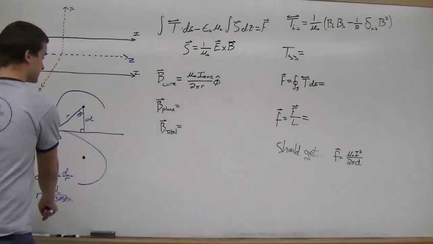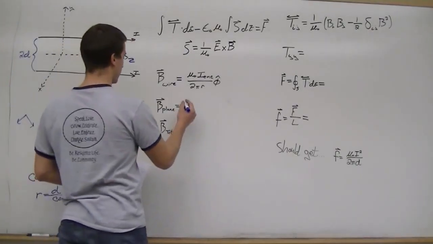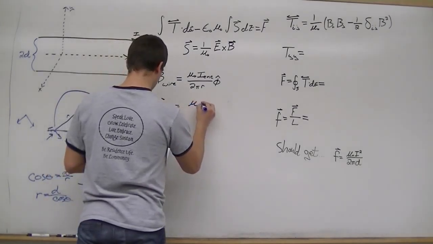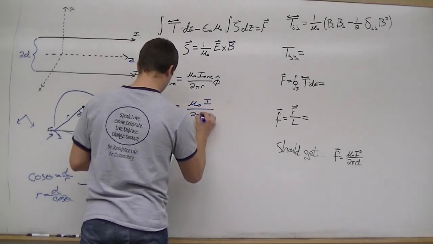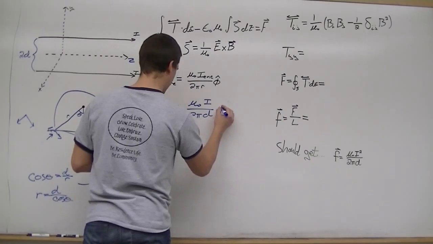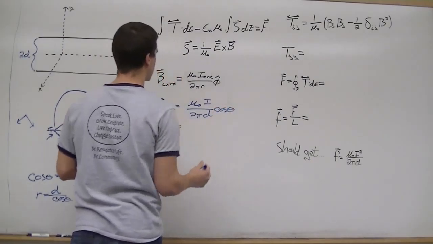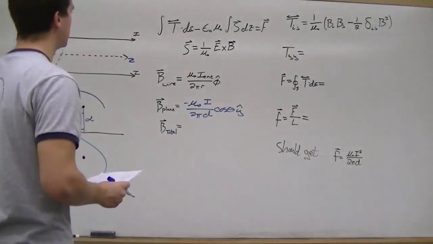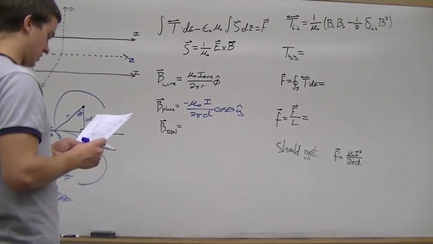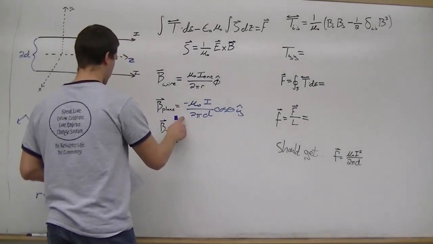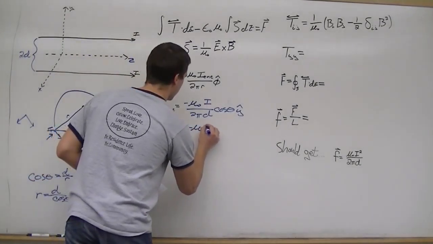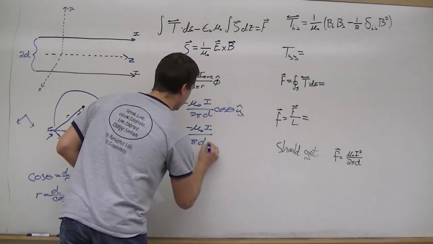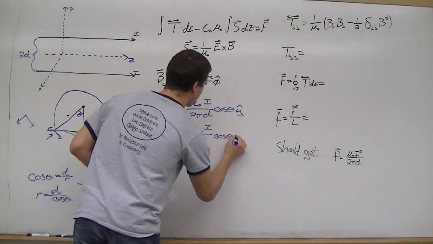Making this substitution for r, the field on the plane would be mu naught I over 2 pi times the distance between them times cosine theta in the negative y hat direction. And then the total, since there's two of them, would be negative mu naught I over pi d cosine theta y hat.